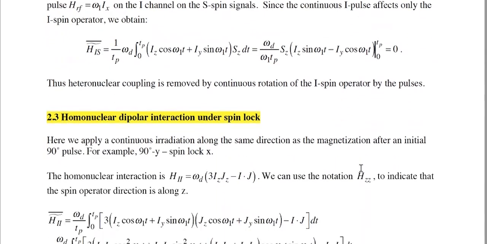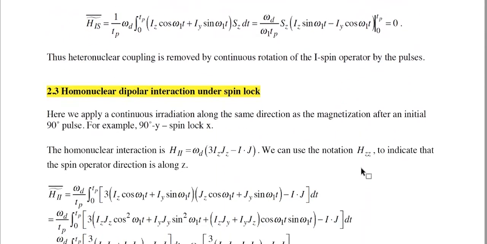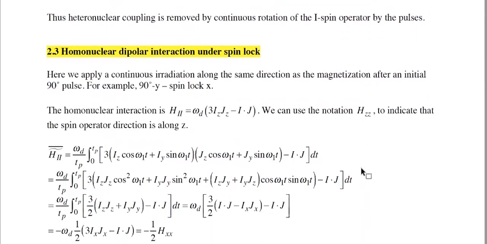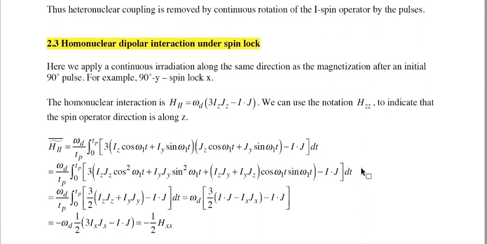All right, so the next thing I want to talk about is homonuclear dipolar coupling under spin lock. So again, I have the same spin lock sequence, but I want to put it on the abundant spin that has a lot of dipolar couplings, proton-proton. And where do you apply this? I'm building my case step by step to CP, cross-polarization.